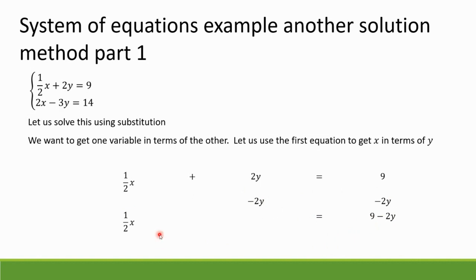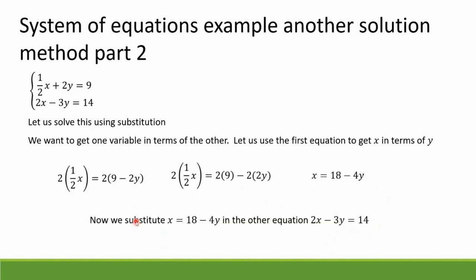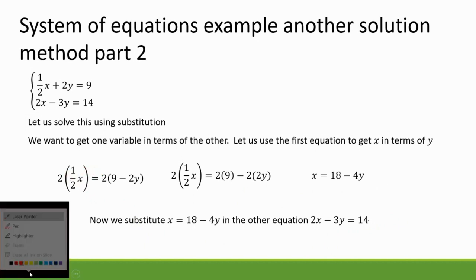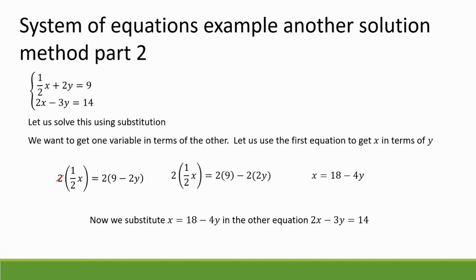But again, we want to get x in terms of y. So what I can do is multiply both sides by 2. And when I do that, what happens? These 2's cancel. You get x all alone. And we distribute. So again, the 2's cancel.